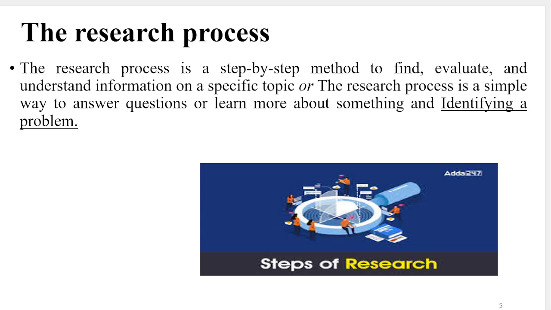The research process is a step-by-step method used to find, evaluate, and understand information about a specific topic. In simple terms, it is a systematic way to answer questions or learn more about a problem in a scientific way. The first and most important step in the research process is identifying a problem.